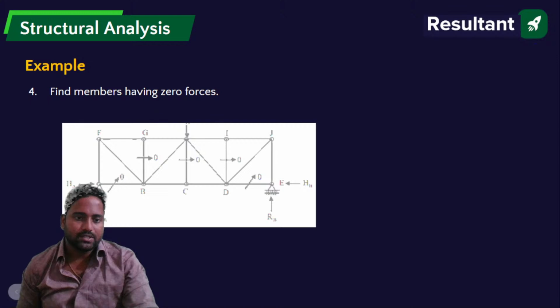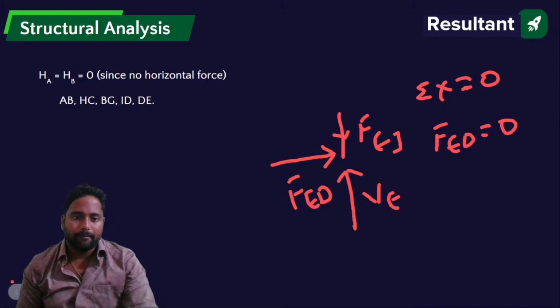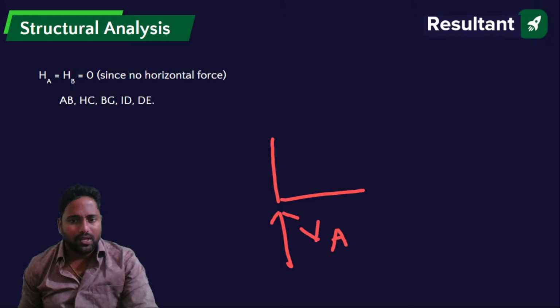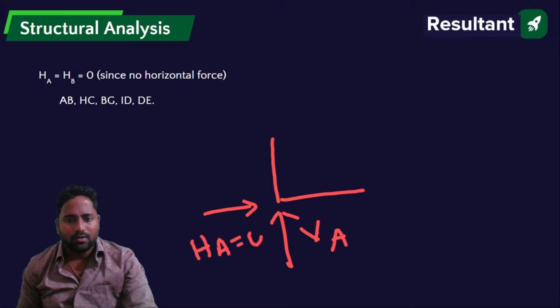Since HA equals to 0, if I take equilibrium of joint A, it would be something like this. VA would be some value, but I'm least bothered about it because right now I'm here to find the forces in zero members.